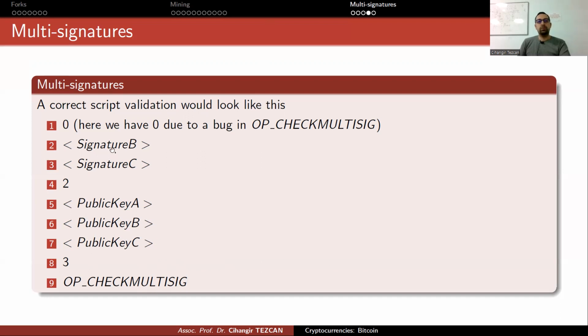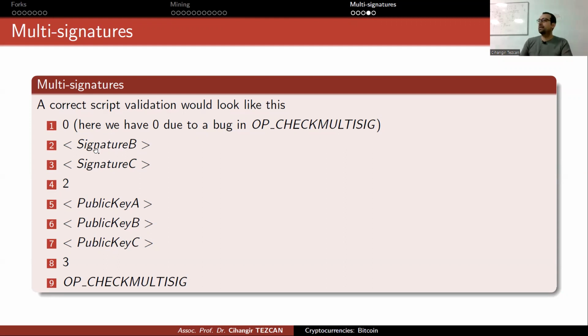So you might ask why there is 0 here. This is due to a bug in Bitcoin. Although we say 2 here, the code in Bitcoin asks to look at M+1 signatures. So if you write M here, you need to provide M+1 inputs to Bitcoin.